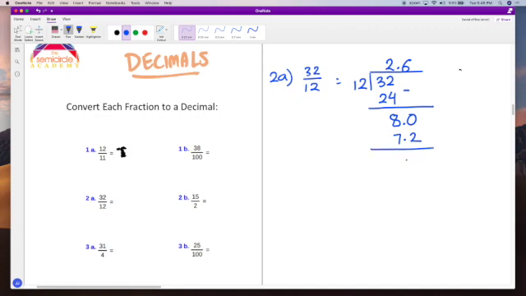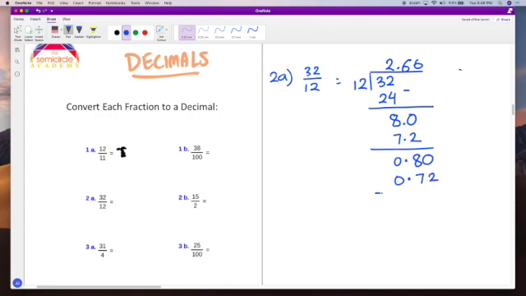So 80 minus 72 is 8. Right? And then 12 can't go into 8, so we had to add a next 0, right? And so can 12 go into 80? Yes, we'll have 6 again. So 6 12s are 72 again.